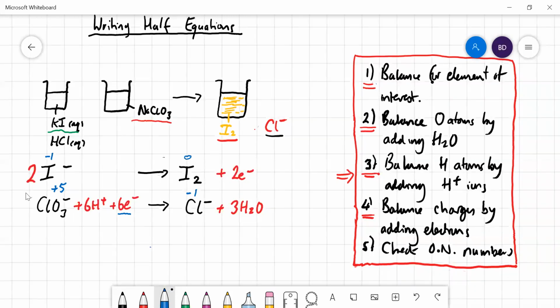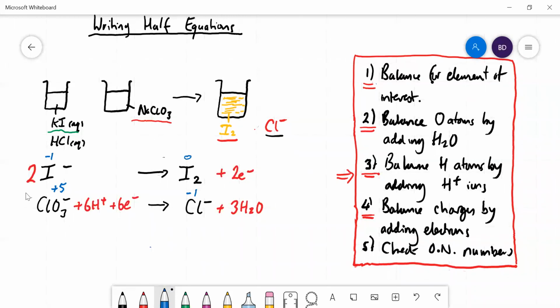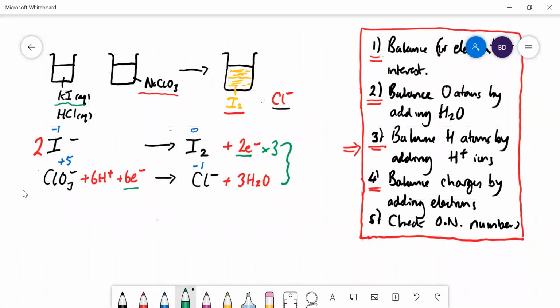So that's all good. Then we've got to combine these two half equations together to form a full equation. This one gives away 2 electrons. This one uses up 6. So we're going to have to times that one by 3 and then add them together. So I'll write down the final equation here in blue.